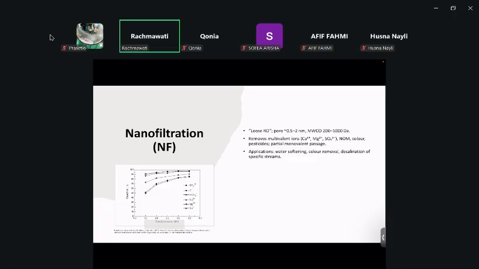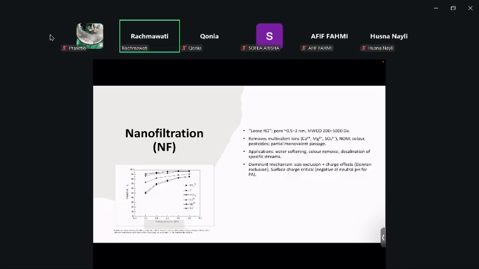So it really depends on what the water source is, what the content in the water source is for the feed solution. And then the dominant mechanism in nanofiltration is size exclusion, because the pore size is very small, so anything larger than that should be retained, not passing through the membrane.